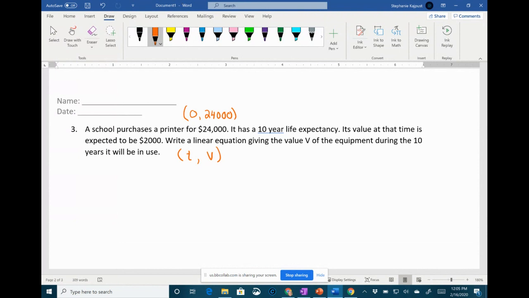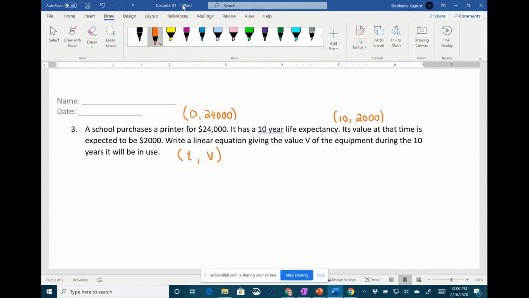Now it says that this printer has a 10-year life expectancy, and then its value at that time is $2,000. So what that means is that after 10 years, it is worth $2,000. So we are given two ordered pairs here. We have the y-intercept, or the v-intercept in this case, which is $24,000. And then we have a second point, (10, 2,000), where we then need to write this linear equation.